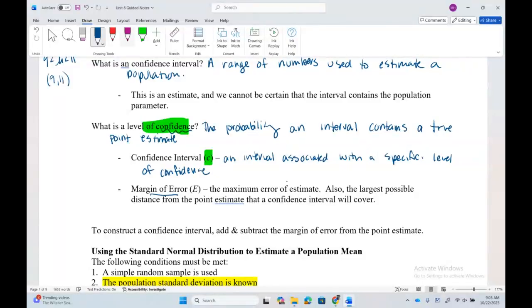Okay, margin of error, this is the maximum error of estimate. Our confidence interval and margin of error are very closely related.